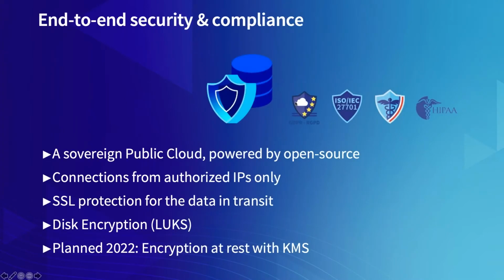End-to-end security and compliance. As said by Erika, we are in OVHcloud, which is a sovereign public cloud powered by OpenStack. I got the question, so we are moving to the OpenStack Stein version. And the first thing to understand is that the roots, the foundation of the cloud, are open source. And on top of that, we deploy services.